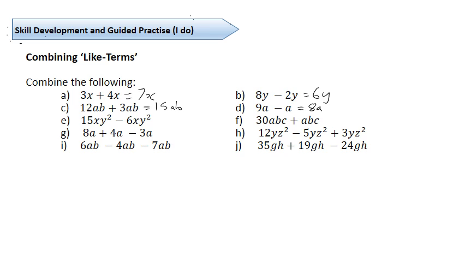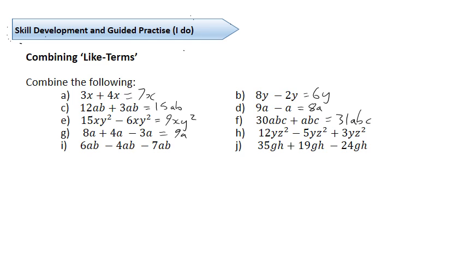XY squared, XY squared. 15 minus 6 is 9 XY squared. 30 ABC plus ABC gives us 31 ABC. 8A plus 4A minus 3A gives us 9A.